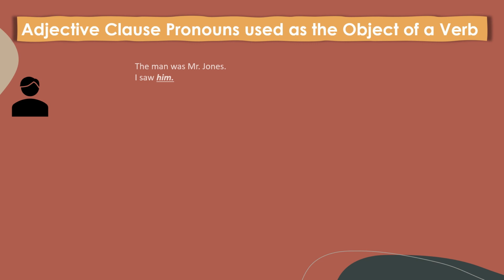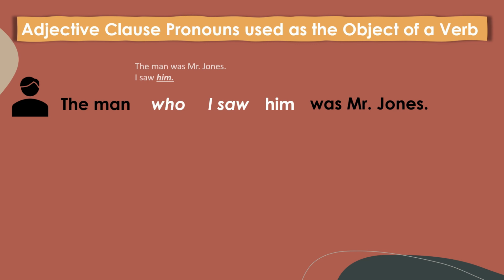Look, in this sentence, the pronoun is positioned as the object and you want to describe Mr. Jones, who in the second sentence is positioned as the object. So here's the example: The man who I saw him was Mr. Jones. It's supposed to be like this, right? But it's ungrammatical.